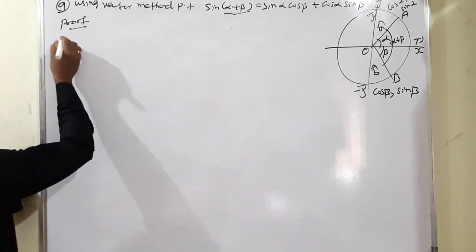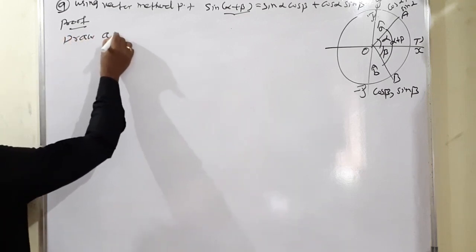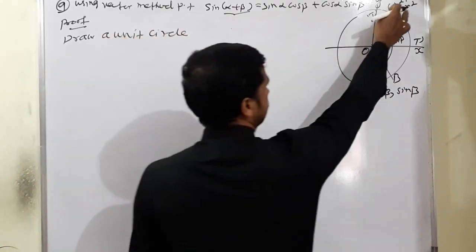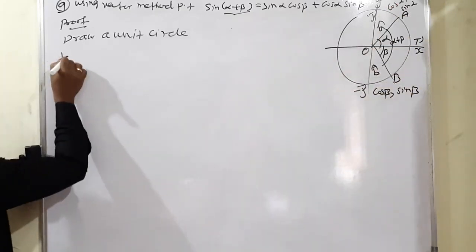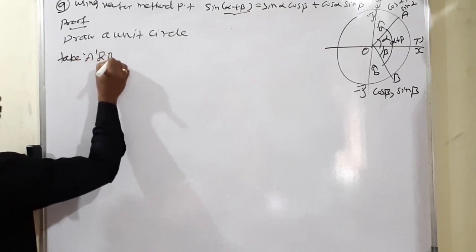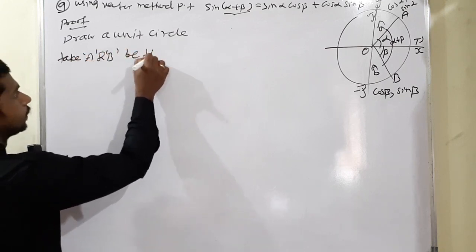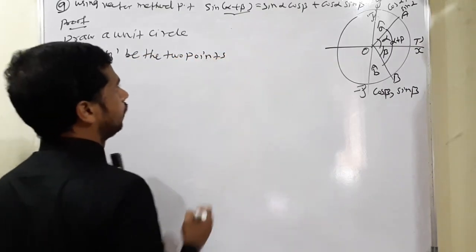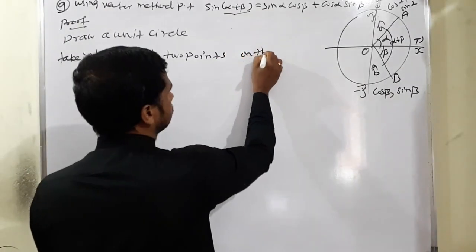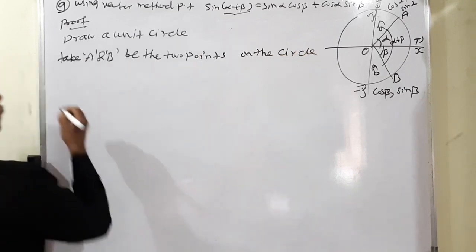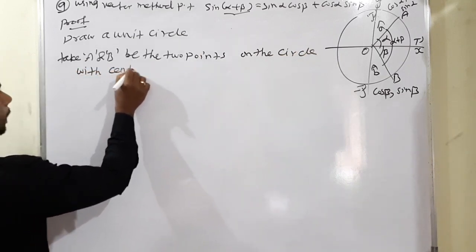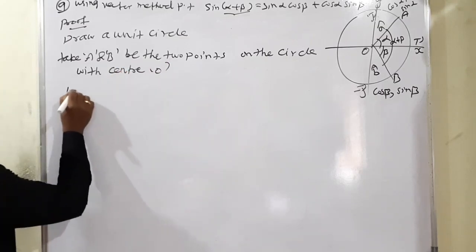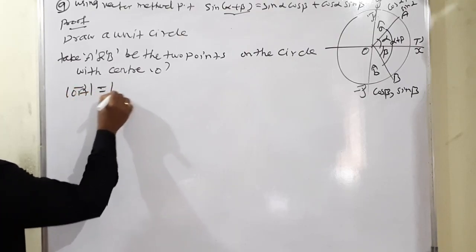So actually, draw a unit circle, then take A and B, the 2 points on the circle with the center O. Then the condition: modulus of OA vector is equal to modulus of A cap.